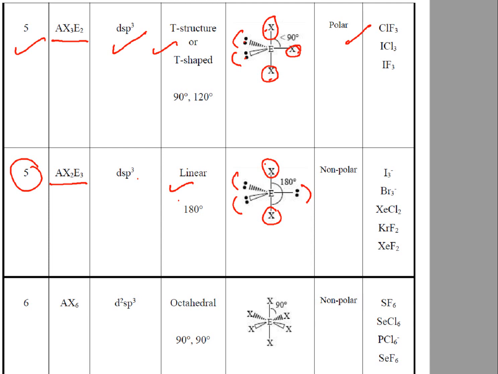Okay, and the type of hybridization will be according to the number of effective pairs 1, 2, 3, 4, 5, so dsp3. It will be nonpolar because the dipoles are cancelled, because we have opposite dipoles. If we have opposite dipoles, dipoles should cancel out.